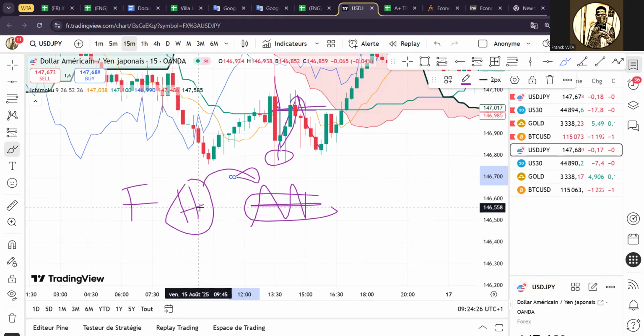Okay, give me 1 second. I want to buy this trade. I want to buy this. I'm placing a stop loss.